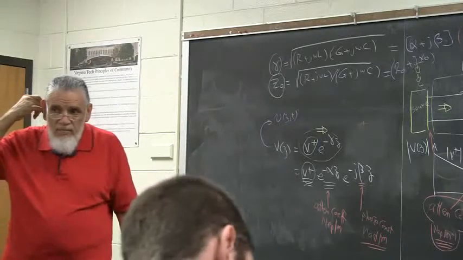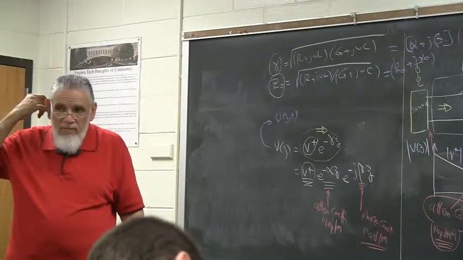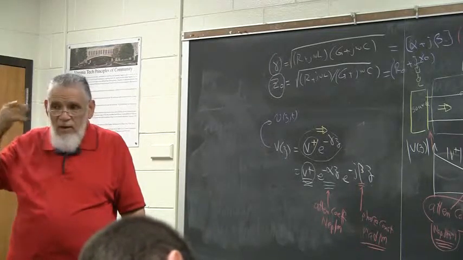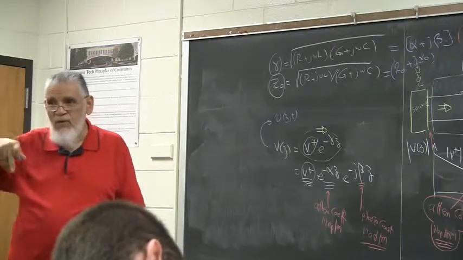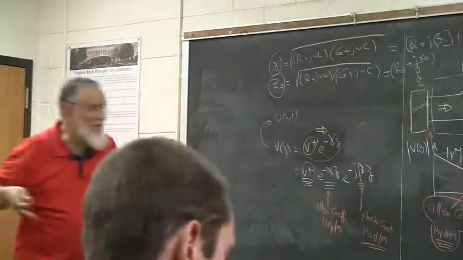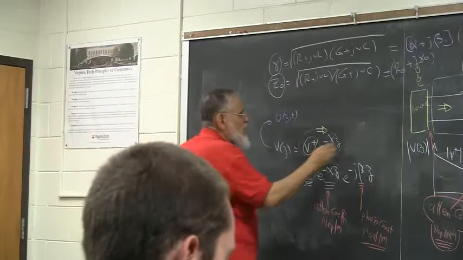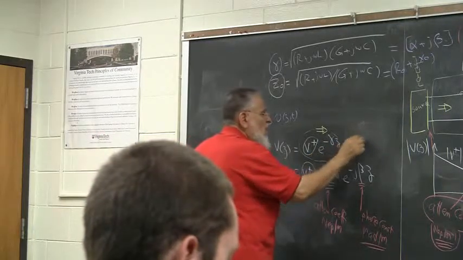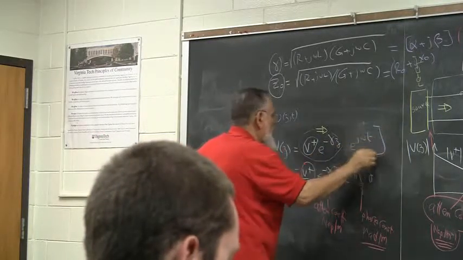Take the real part of that thing times e to the j omega t. You multiply first by e to the j omega t, and then you take the real part.